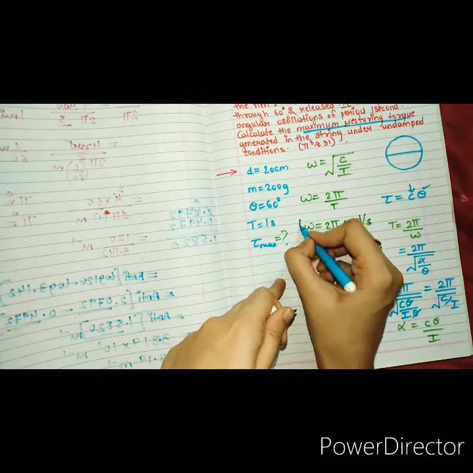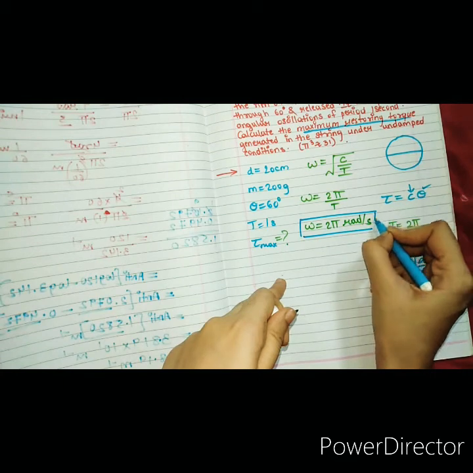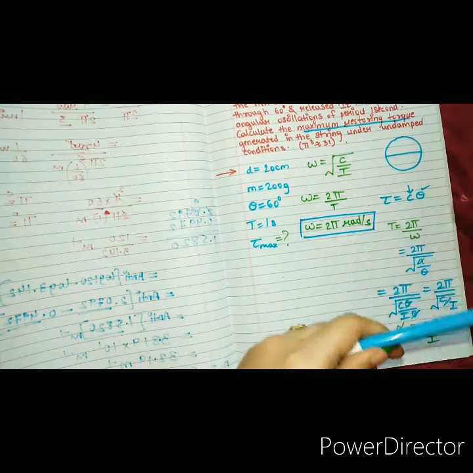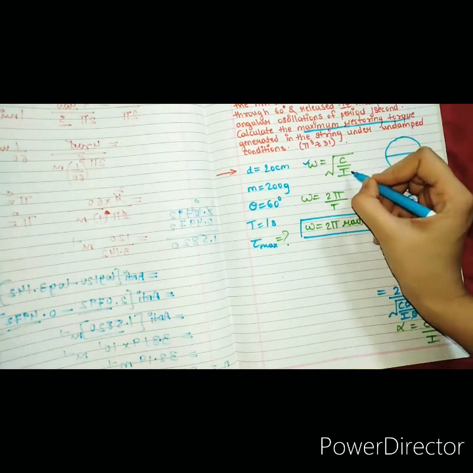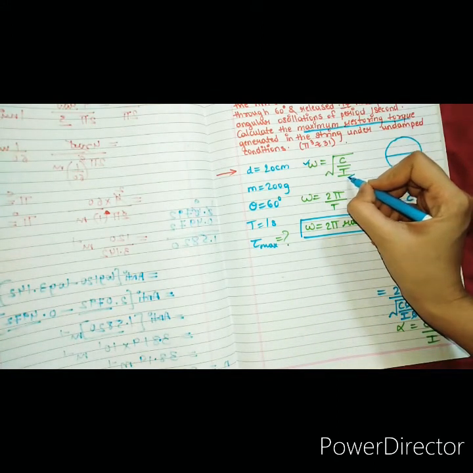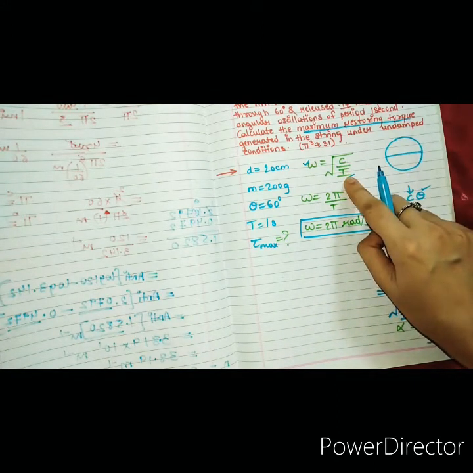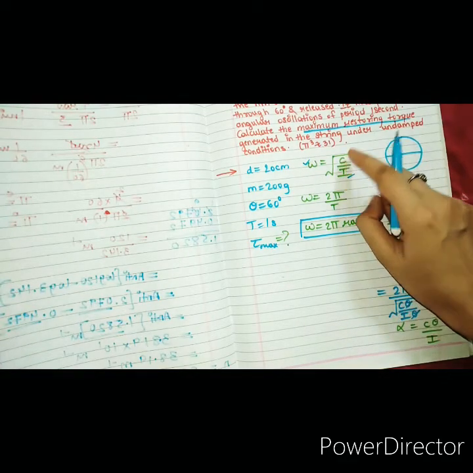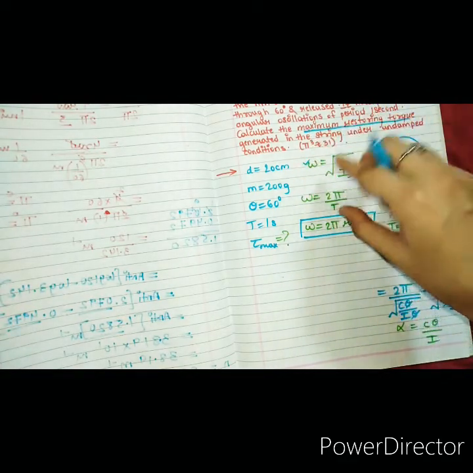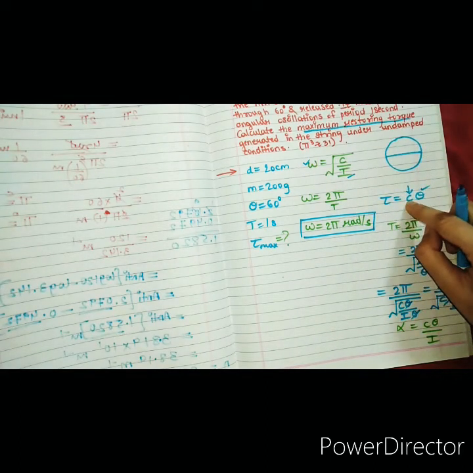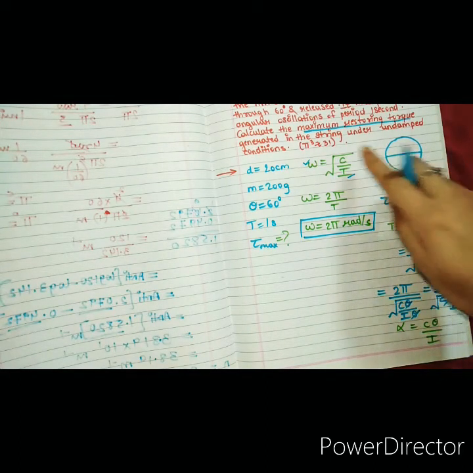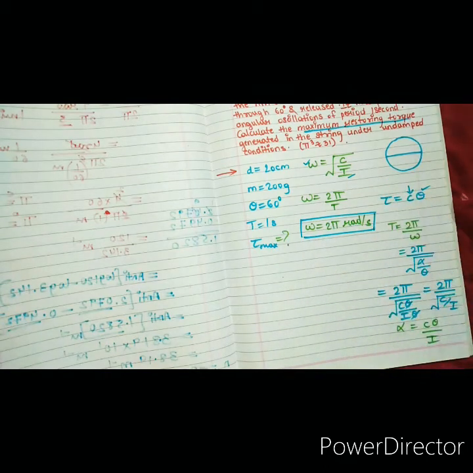Chalo, I have obtained my omega. Now I want I. If I get the value of I, that is the moment of inertia, we can get C, and then I will substitute that value of C over here with theta, and I can get tau.